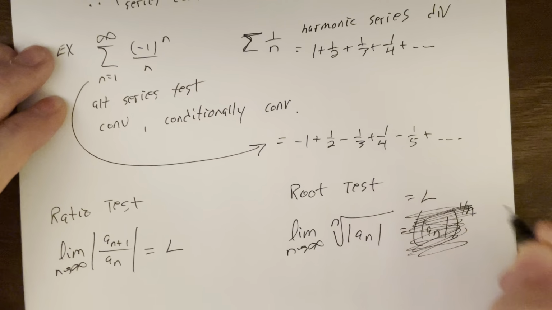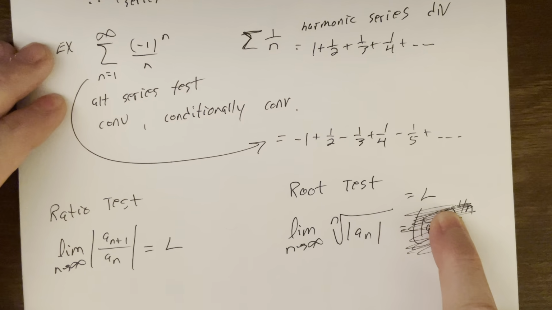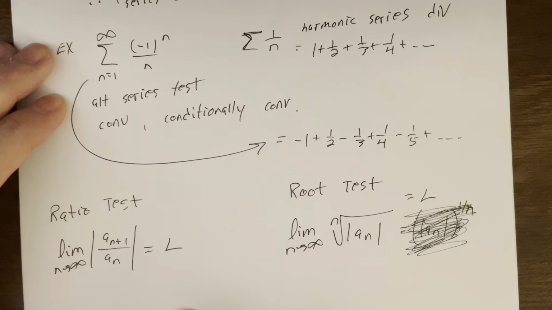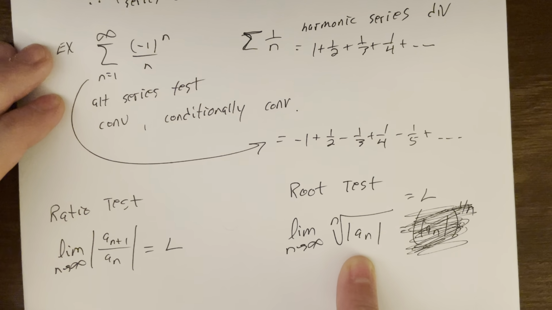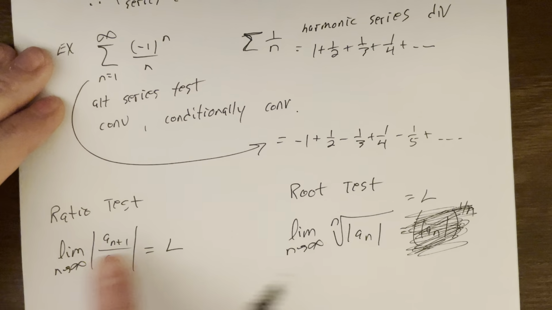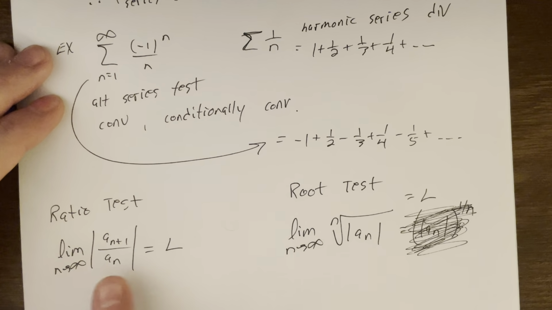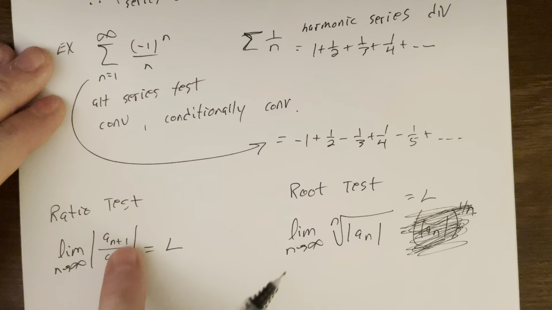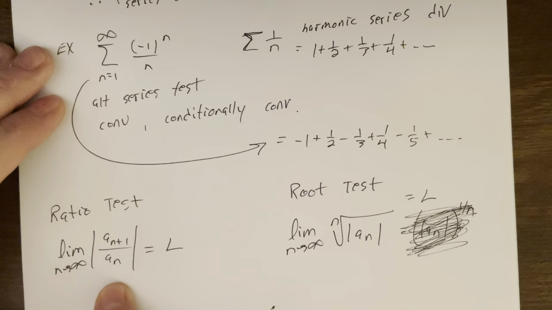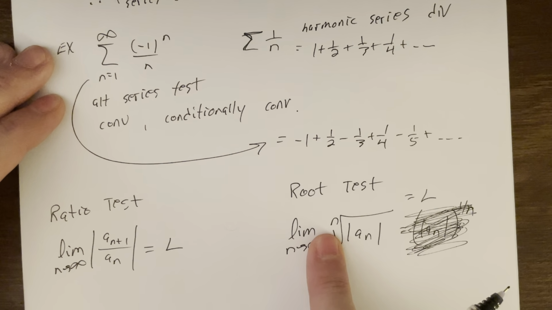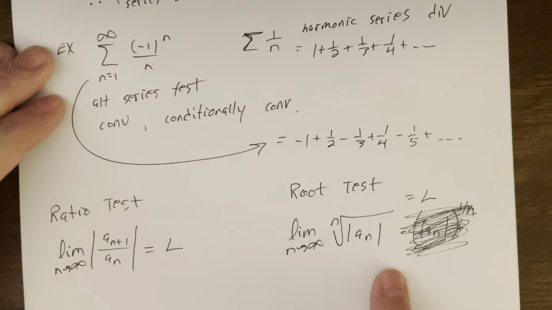And once again, we're going to get some value L. The reason I'm showing you both of these at the same time is because even though we're taking very different limits here, and don't overlap these, here they both have absolute value, but here a fraction, n plus first term over nth term, here a root, a radical, the 1 over n power or the nth radical, whichever way you prefer to write it. But don't mix these two together.